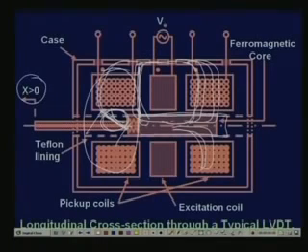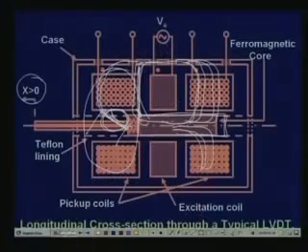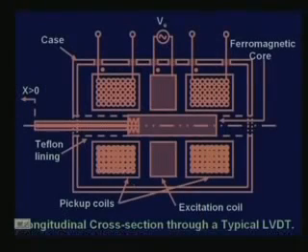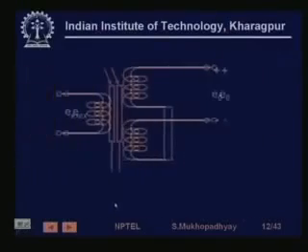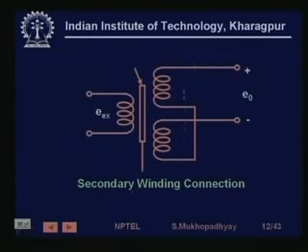As you can see, if the core shifts to the right, then more turns of one secondary get linked, while fewer turns get linked in the other. This is the basic principle of sensing, so their induced EMFs are going to be different. Now we connect these secondaries in series opposition.